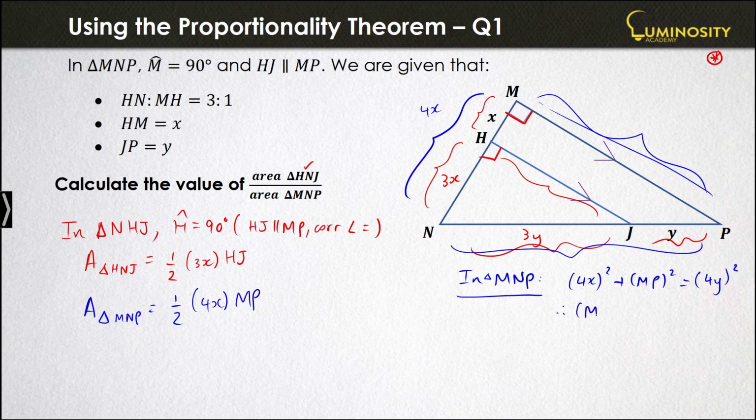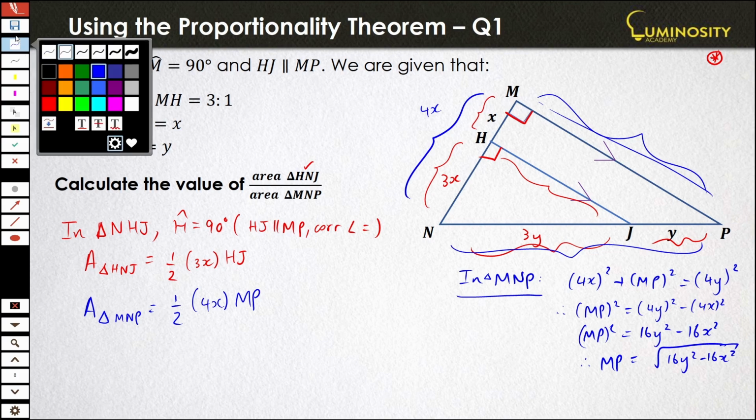So therefore, MP squared equals 4y squared minus 4x squared. If I square those terms in the brackets, I get 16y squared minus 16x squared. So MP is just the square root of that expression.